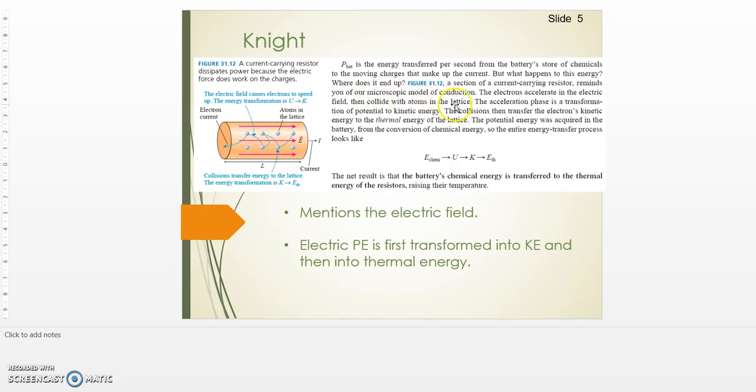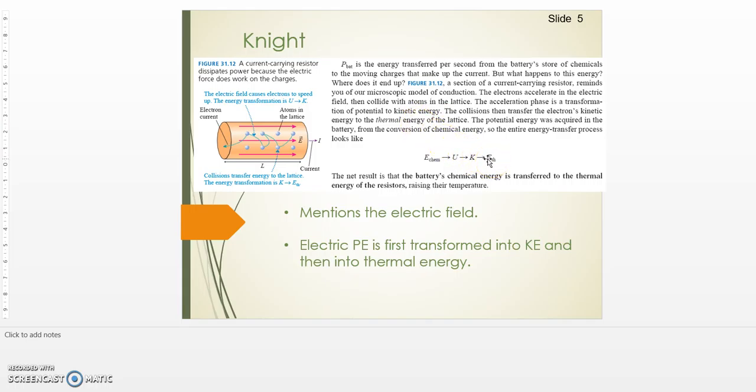This is the first time he mentions that, because he has to, because he's referring to the field, and the field will cause electrons to accelerate. The acceleration phase is a transformation of potential to kinetic energy. Kinetic energy is then transferred to thermal energy.